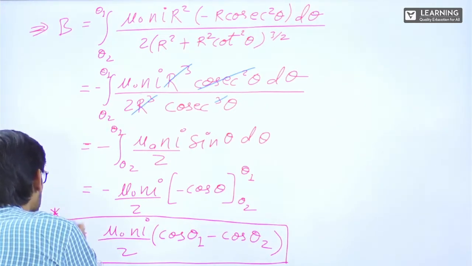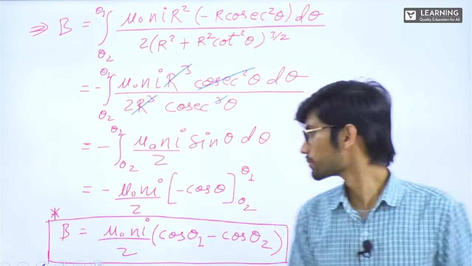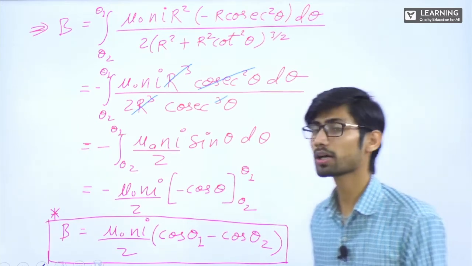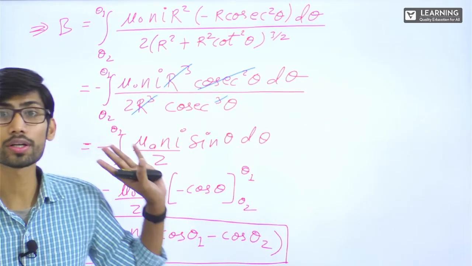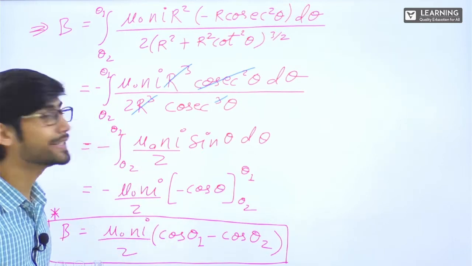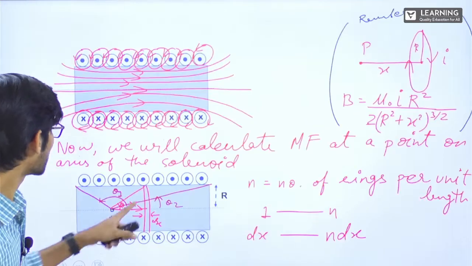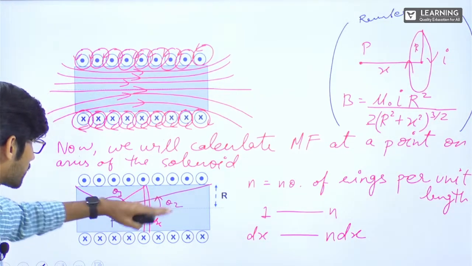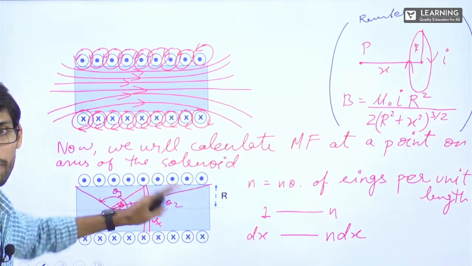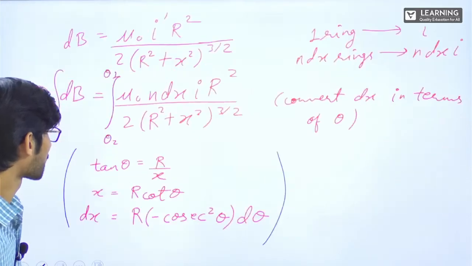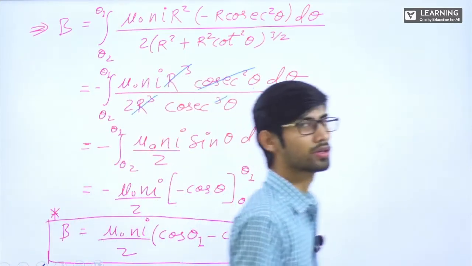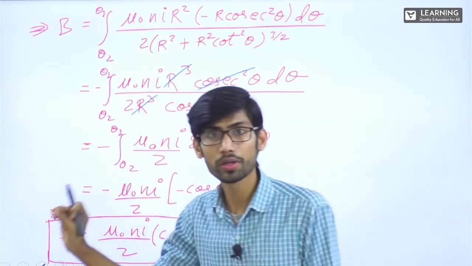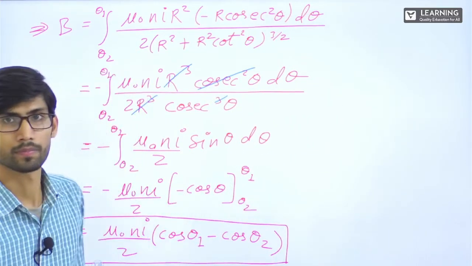Very, very important. B is equal to mu naught n I by 2 times cos theta 1 minus cos theta 2. I hope you remember what theta 1 and theta 2 are. Theta 2 is the first angle, theta 1 is the second angle, measured from the horizontal, anti-clockwise. Clear? Got the derivation? This derivation you have to do again on your own in your copy after this session. Clear?